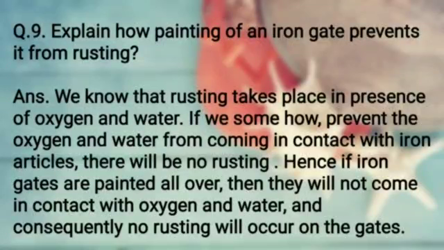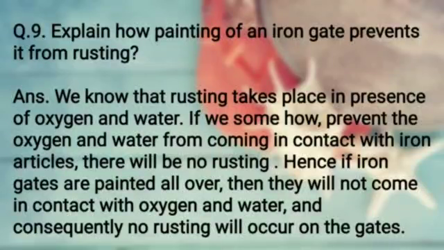You know that when we have to prevent rusting of an iron object, we have to protect it from oxygen and water, because oxygen and water are two things very essential for rusting. So we have to cut off the contact of oxygen and water, the moisture, from coming in contact with iron things.